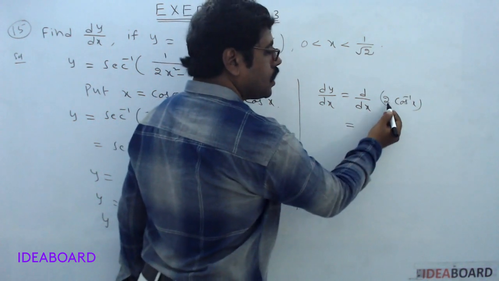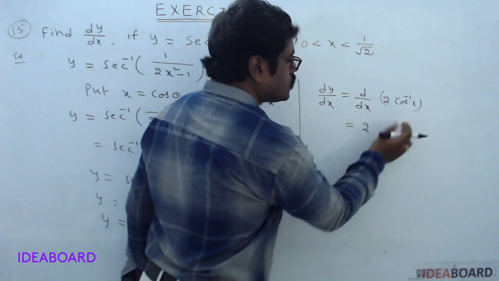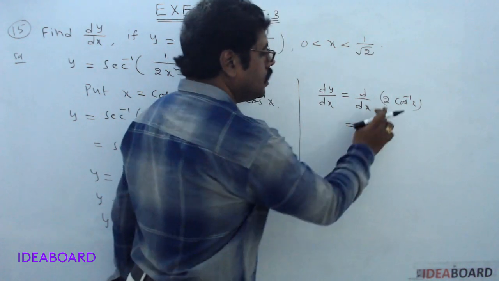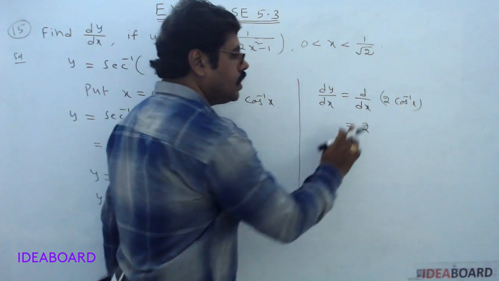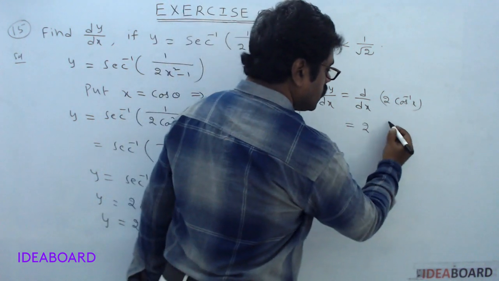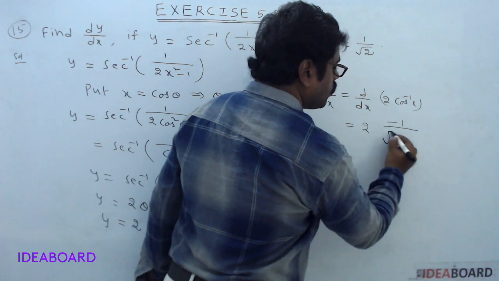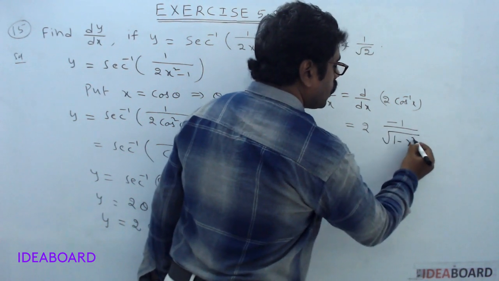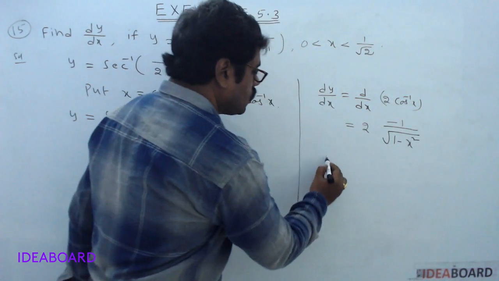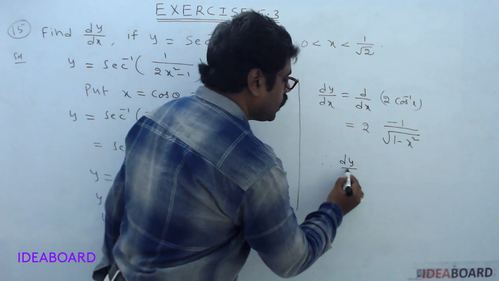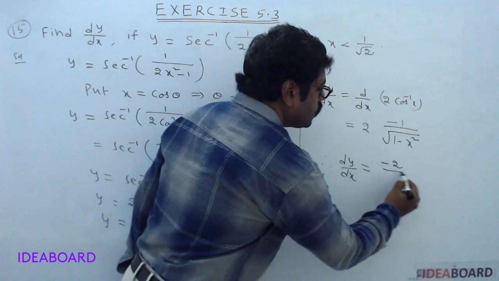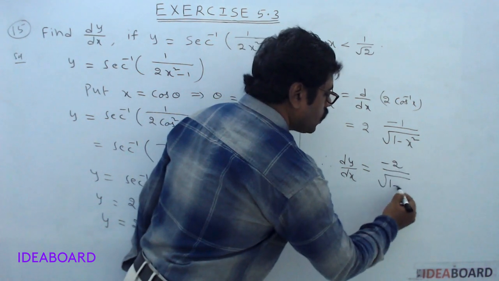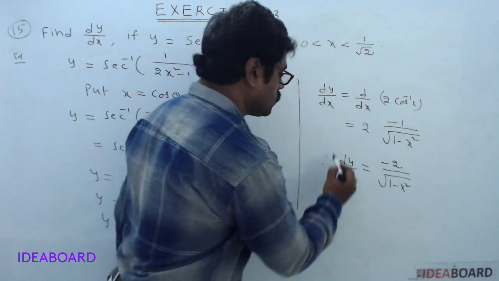Now this equals, here 2 is the constant term, so this can be expressed as 2 into derivative of cos inverse x. Derivative of cos inverse x is minus 1 divided by root of 1 minus x square. So therefore dy by dx equals minus 2 divided by square root of 1 minus x square.